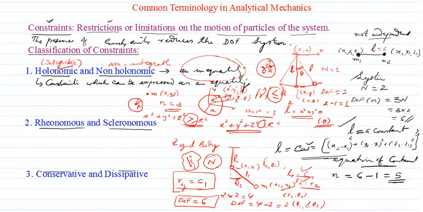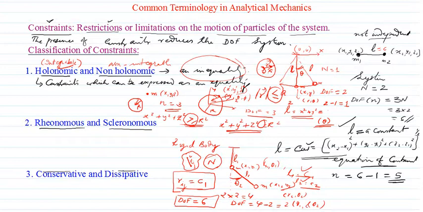Even though it cannot enter into the bulk of the earth, the bird has 3 degrees of freedom. It can move in space, right? So even though it has a constraint, its degree of freedom is still 3. The presence of the constraint is not affecting the number of degrees of freedom if the constraint is a non-holonomic one.